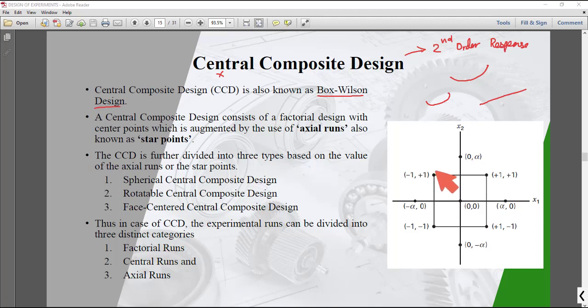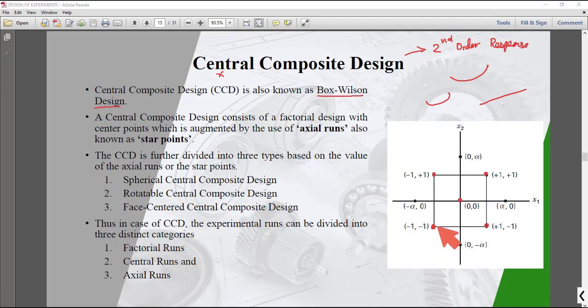In that factorial experiment, we will take the readings at -1 plus 1, +1 plus 1, +1 minus 1, and -1 minus 1. We can also take a reading at the central value. But using these values, if you see carefully, there are only 2 points which come in a line.